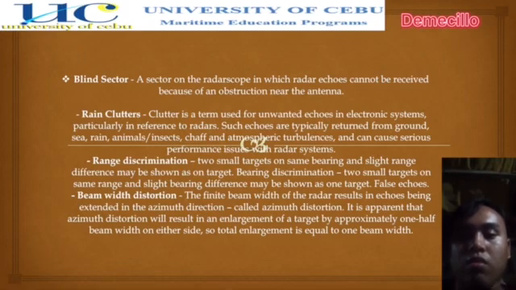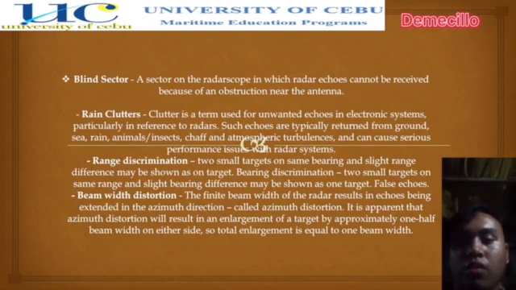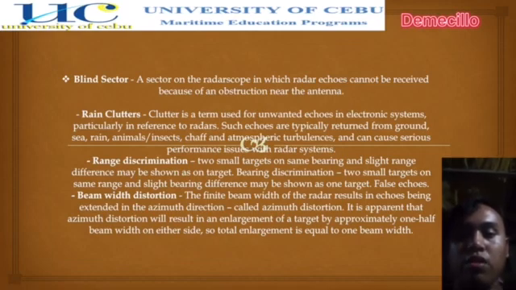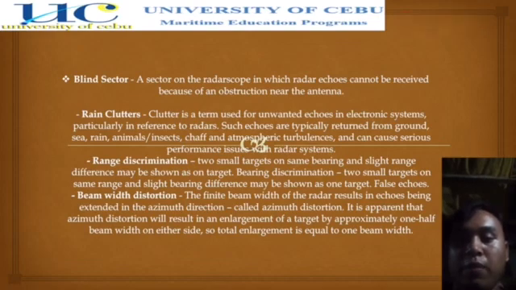Range discrimination: two small targets on the same bearing with a slight range difference may be shown as one target. Bearing discrimination: two small targets on the same range with a slight bearing difference may be shown as one target. False echoes. Beam width distortion.